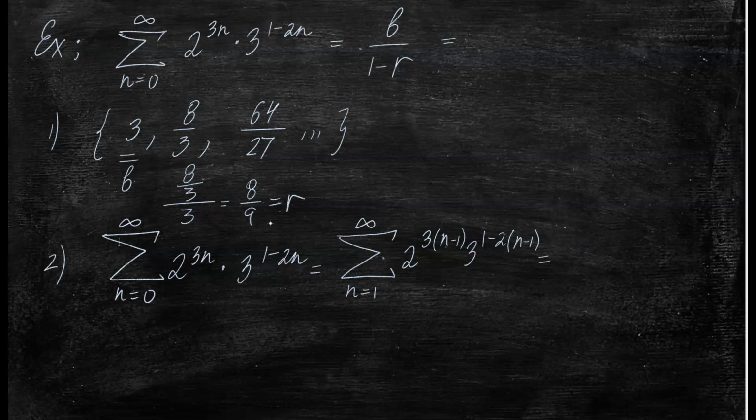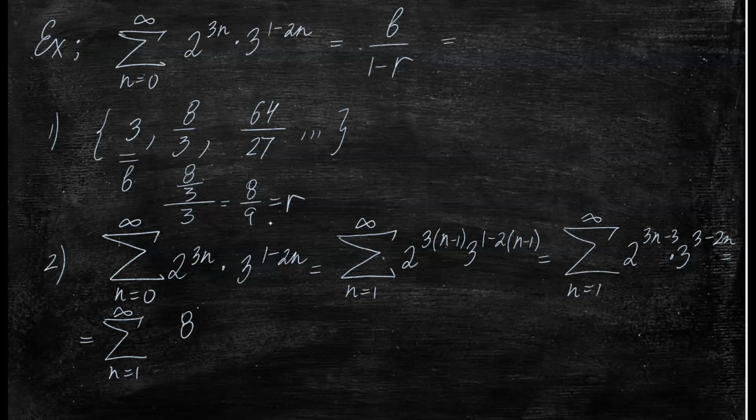Now we're going to simplify this, and as we're simplifying, we plan how to turn this into the desired format. 2 to the power 3n minus 3 is 8 to the power n over 8, and 3 to the power 3 minus 2n is actually 3 to the power 3 over 9 to the power n.